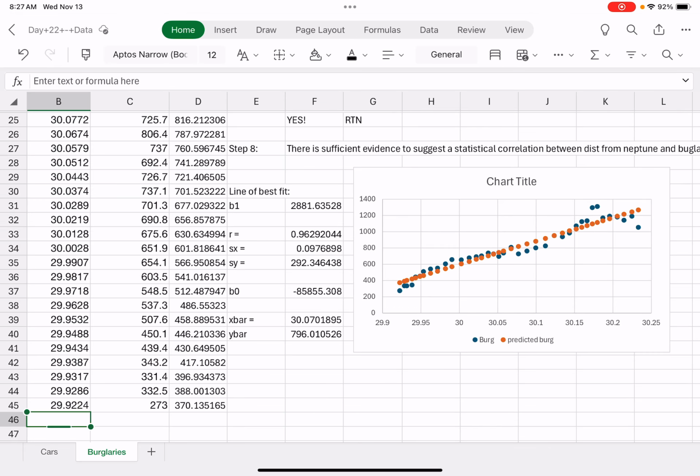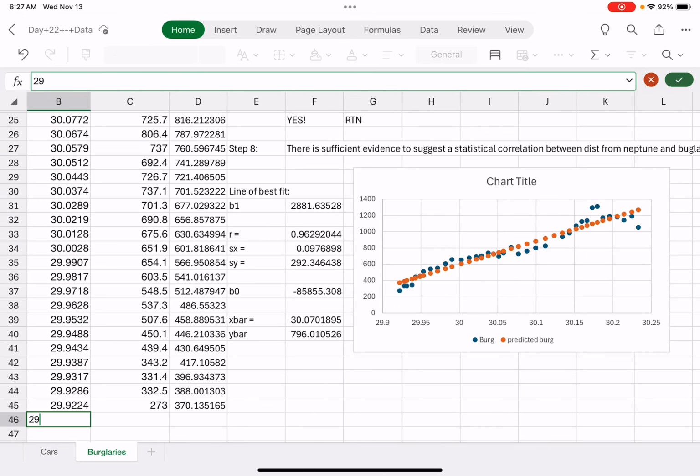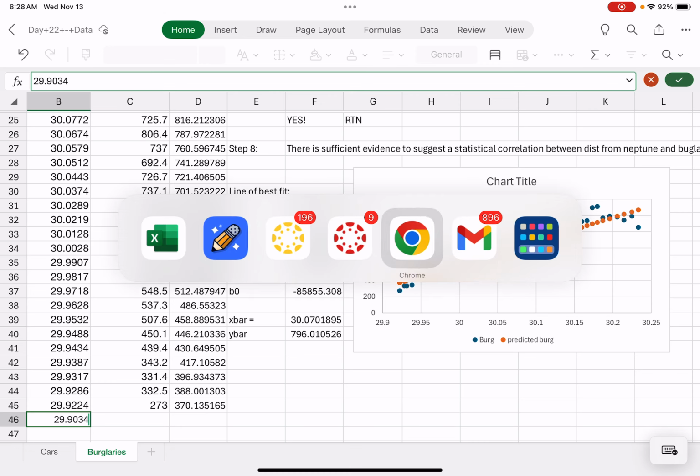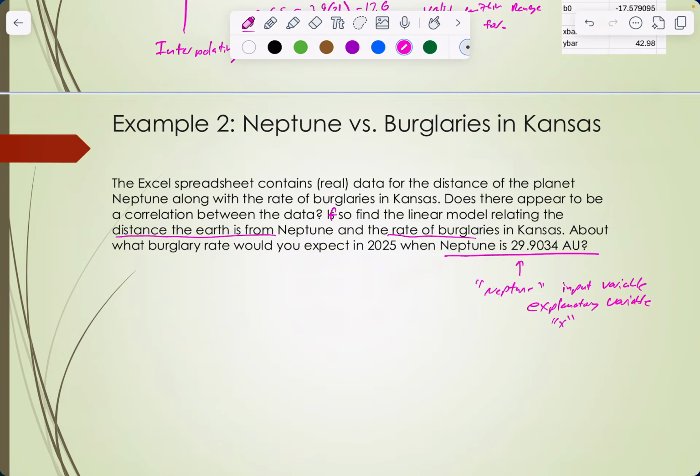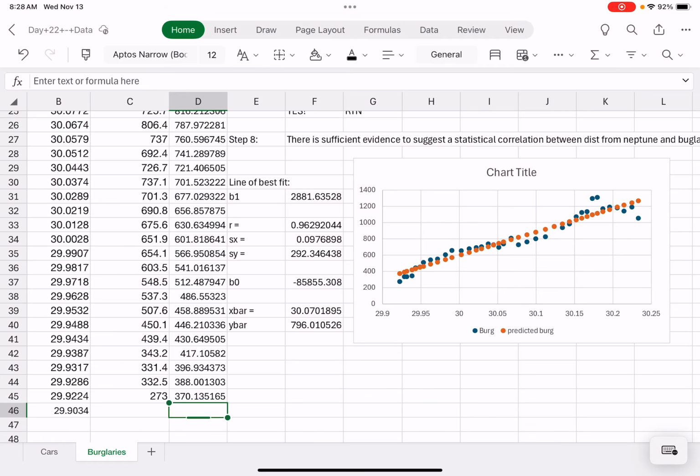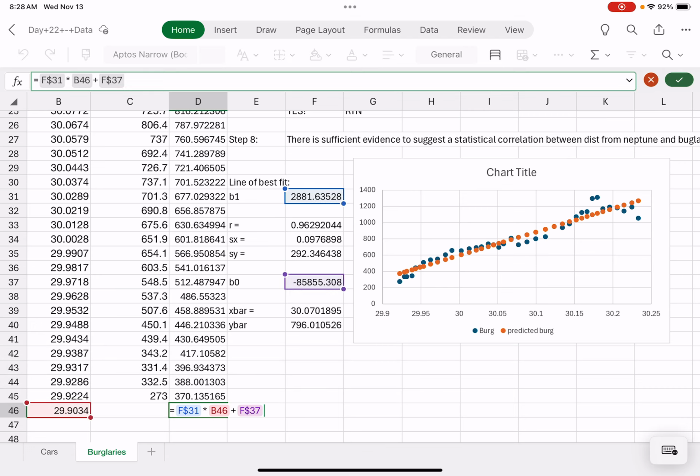So I'm going to put that one down right here. 29.9034, I think is what it was. Yeah. All right, and then I'm going to copy this formula, Command V. There it is. Yep, it's referencing all the right stuff.